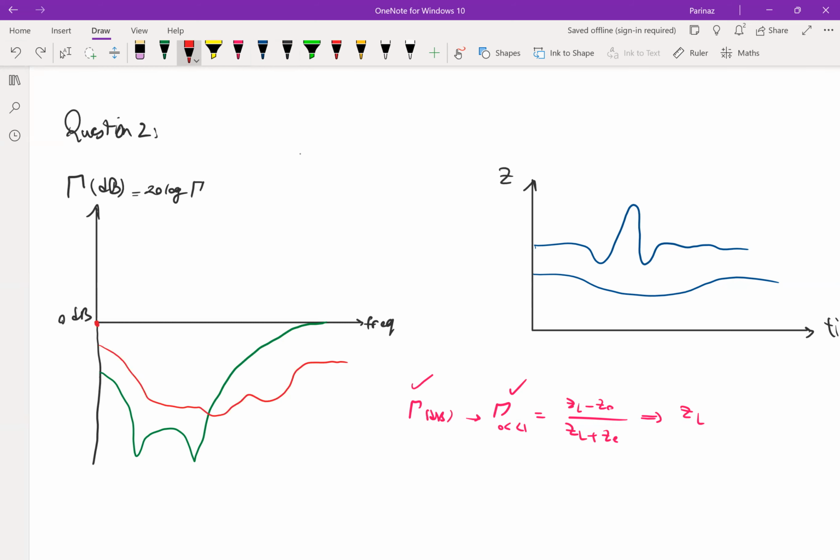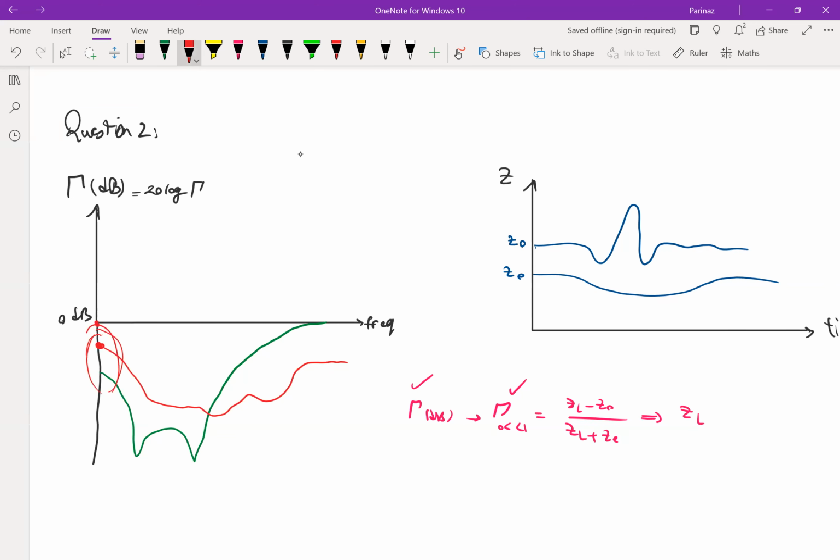For the red one, we have a better reflection coefficient than the green one in low frequencies, meaning that in low frequencies we are closer to our Z naught, let's say 50 ohm, for example. I just drew this at different levels, but imagine they are both starting from Z naught. So in low frequencies, we are sticking to the 50 ohm better.